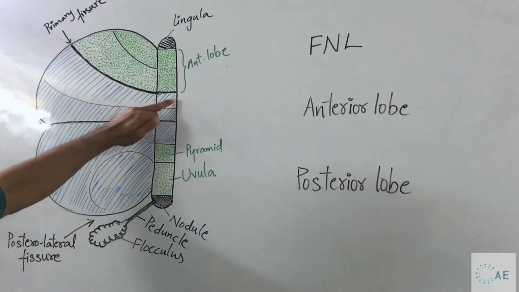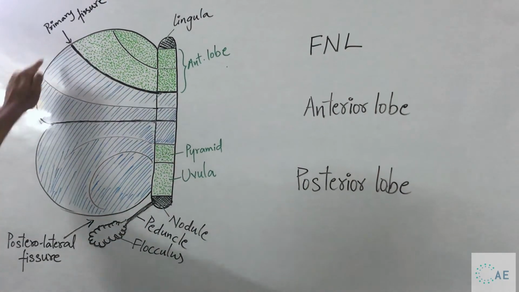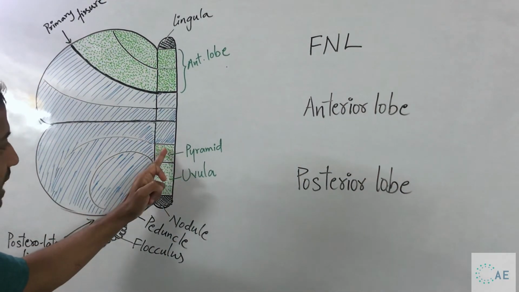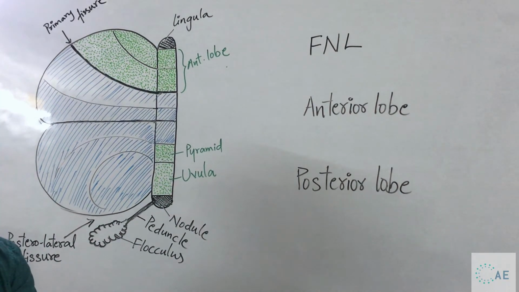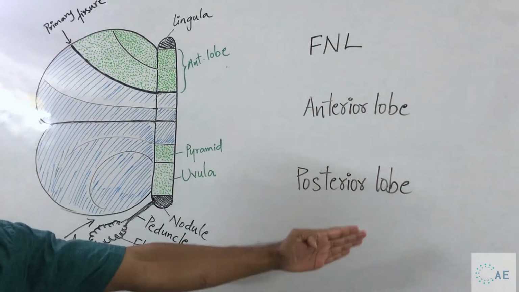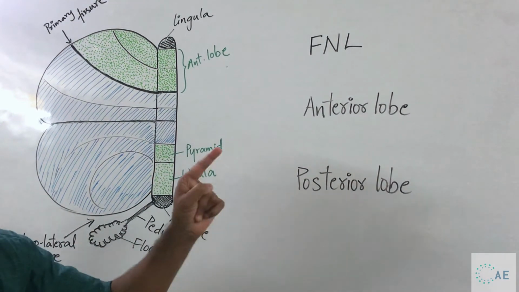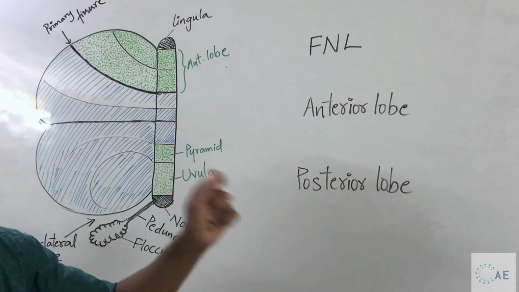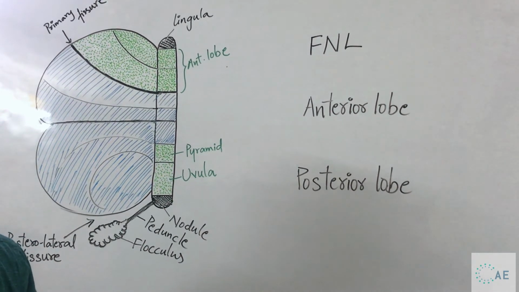And the larger part of the posterior lobe, the complete posterior lobe without pyramid and uvula, comes under one more classification. Now let me write all three classifications that I said, and this classification I am talking about is phylogenetic, dividing the cerebellum into three groups.